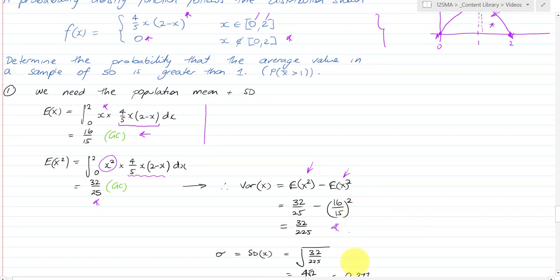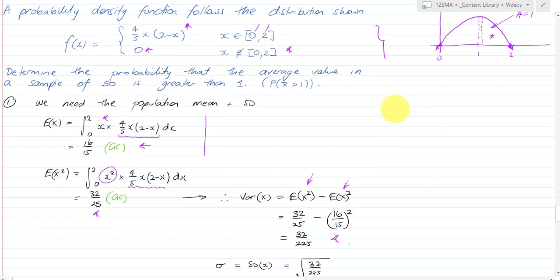So I've now got a variance and I've got my mean. And these are just for the standard probability density function, so that's just for my density of x. So I'll put a little summary here: E of x is 16 on 15 and the variance of x is 32 on 225.